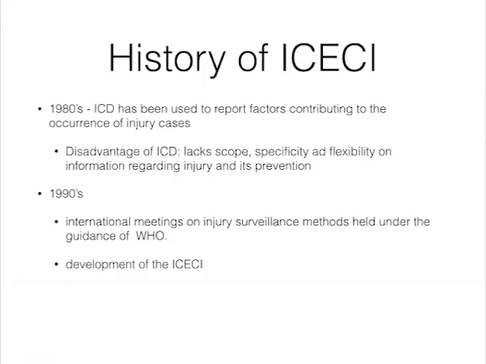Work towards this aim commenced soon afterwards and ultimately resulted in the ICECI, or International Classification of External Causes of Injury. This classification underwent several revisions from March 2001 to July 2004, with the present revision as version 1.2.